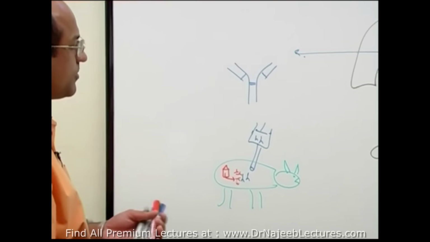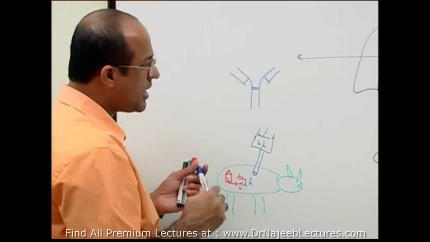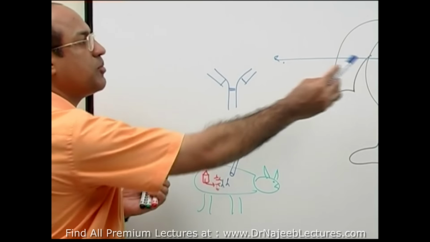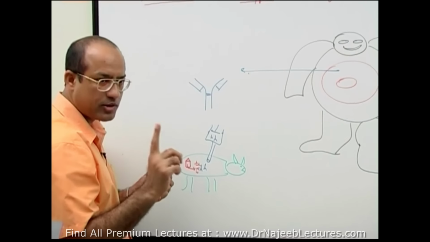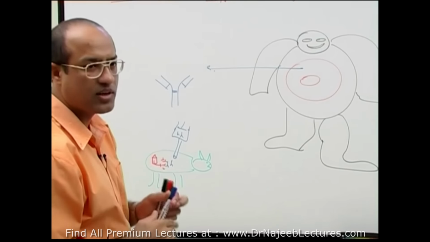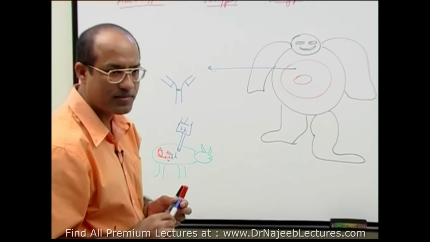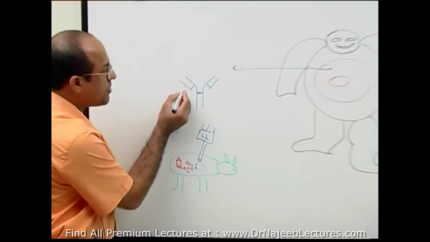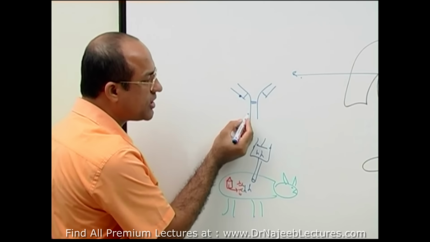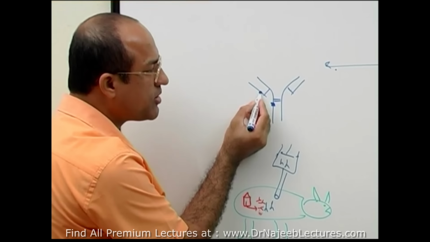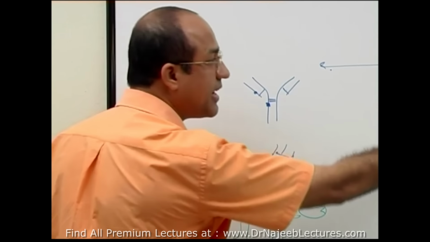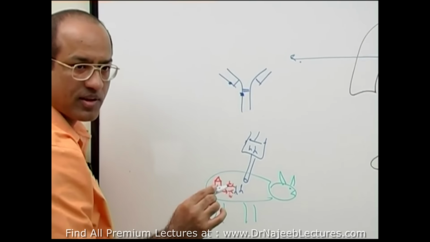Now, actually, they found that all the antibodies which are present in one person have something common. For example, some amino acid sequence here in the light chain and some amino acid sequence, let's suppose, here. This amino acid sequence is present in all the antibodies of this person.